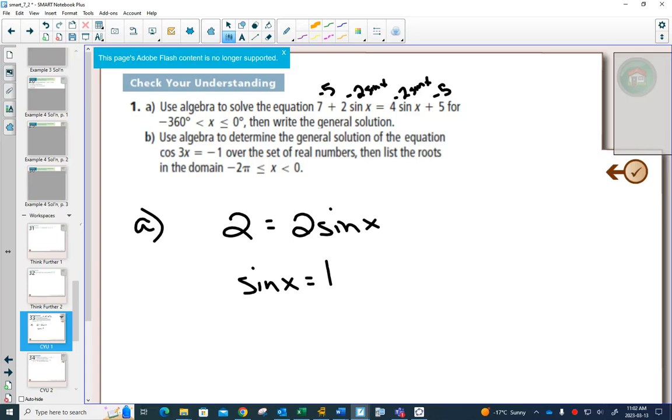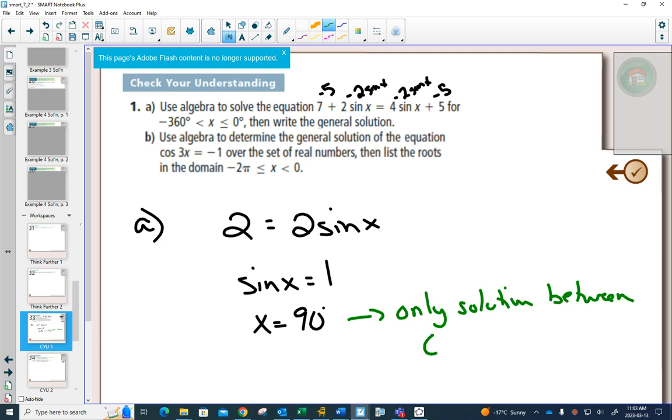Notice that that's on your pie plate. Sine is your y-coordinate. When is your y-coordinate equal to 1? Right up at the top. So if I was solving for this, questions in degrees, I'm going to make a note here, and we're going to do this often.